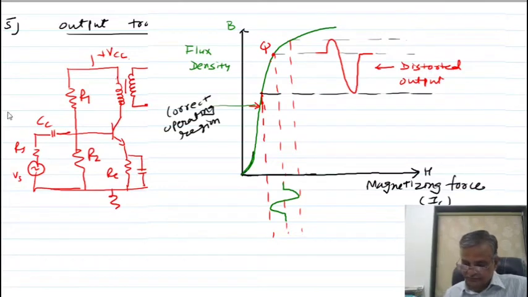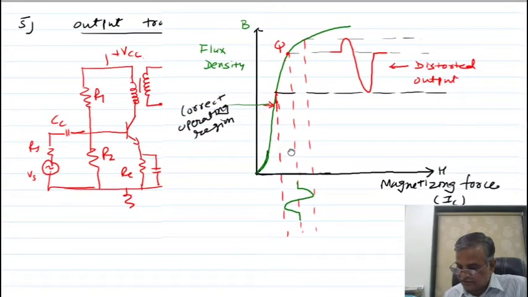Look here. Here Q point is coming. This is the point when AC signal is not applied. When AC signal is not applied, then flux associated with the primary is this much.